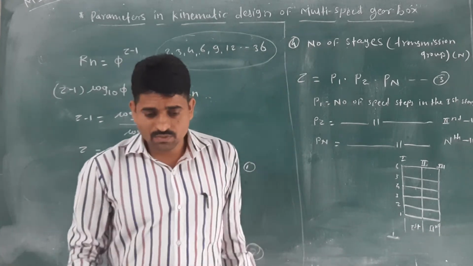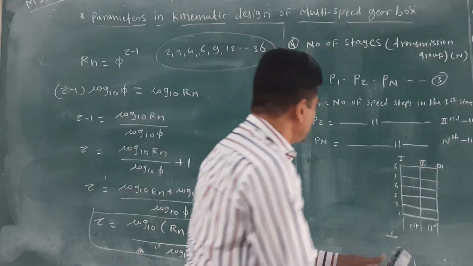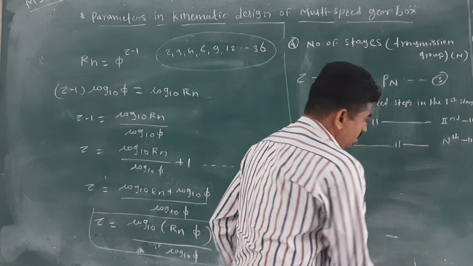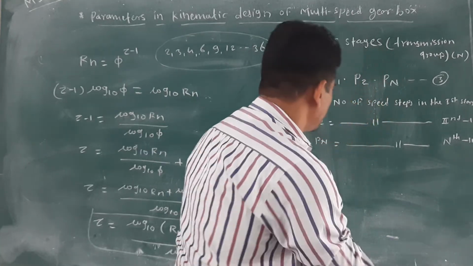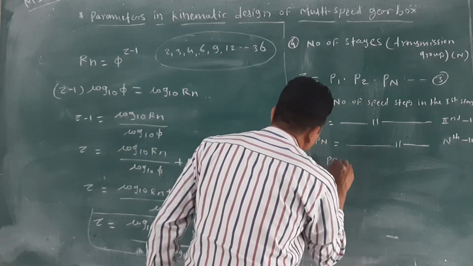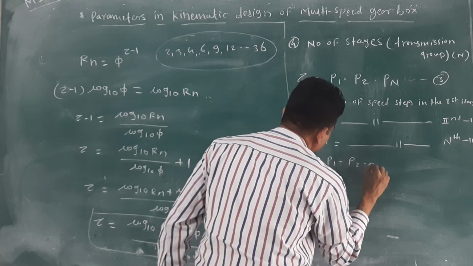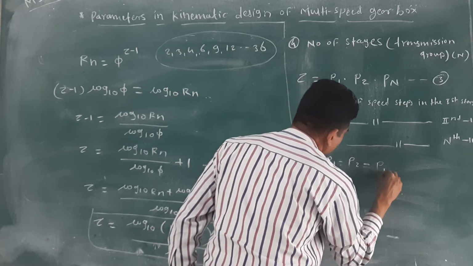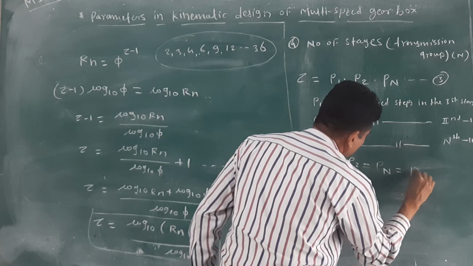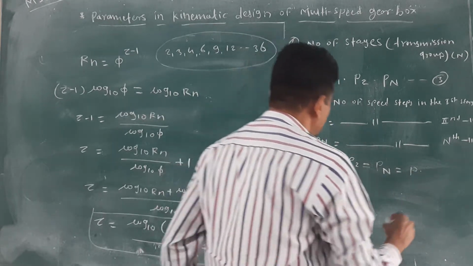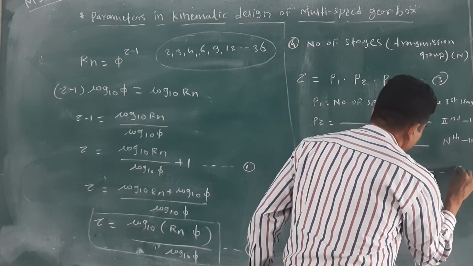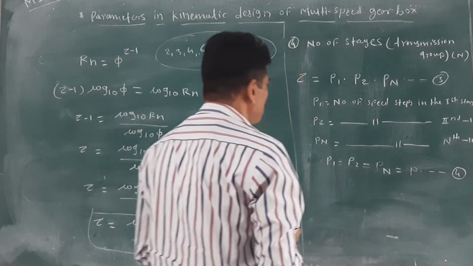Are all of you getting it? Yes. Then, since these speed steps are the same, we can write P1 is equal to P2 is equal to Pn is equal to P. Okay, this is equation number 4.